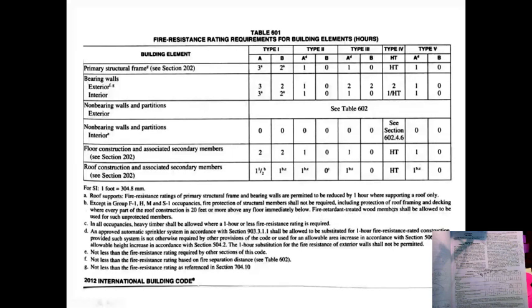Including roof framing and decking, where part of the roof structure is 20 feet or more above the floor immediately below, the fire retardant treated wood members shall be allowed to be used, which is really unprotected. So you could have an unprotected area. I just want to make sure that you're understanding that.